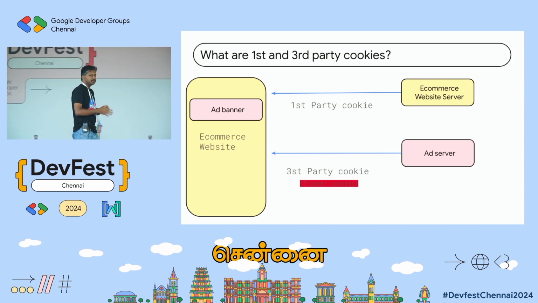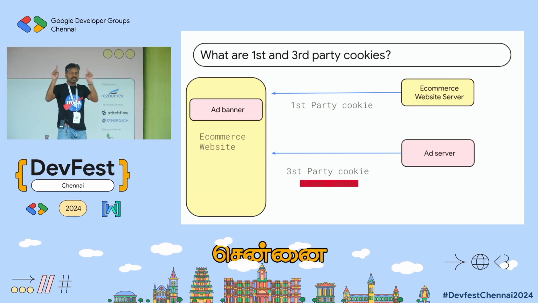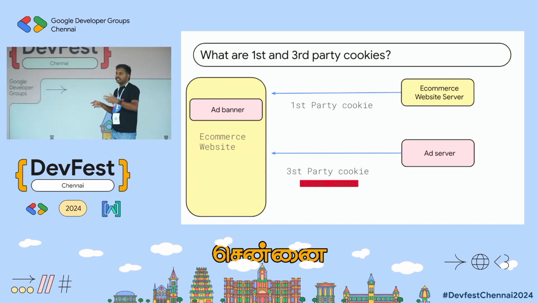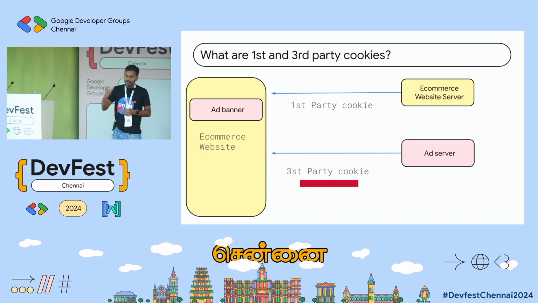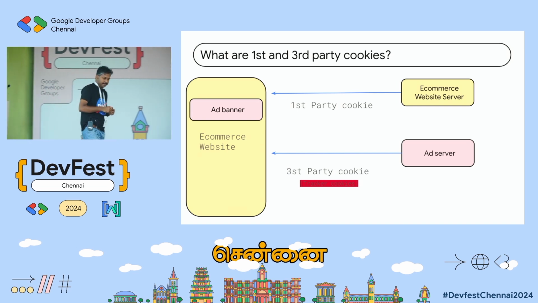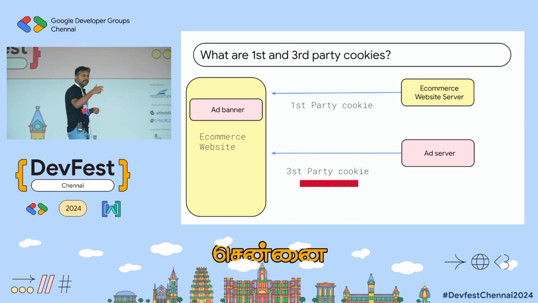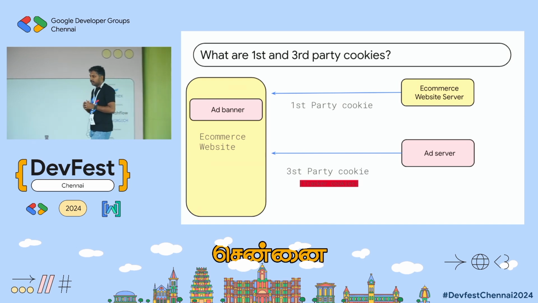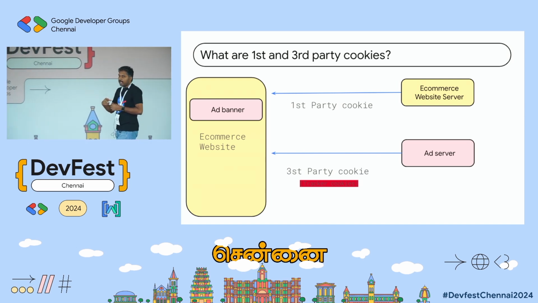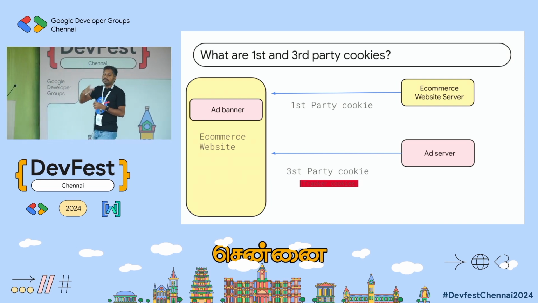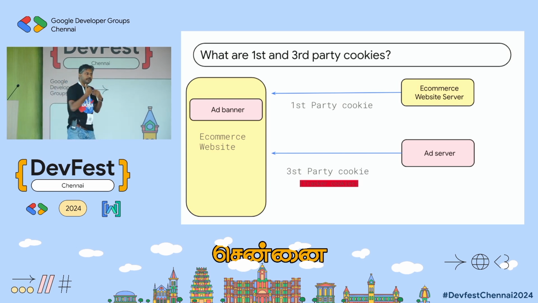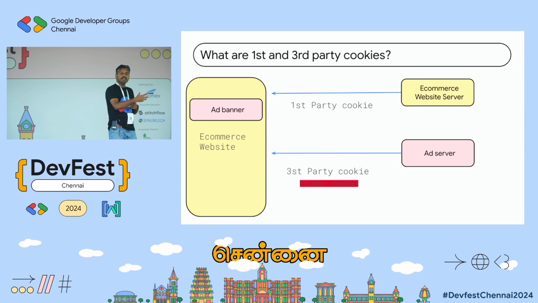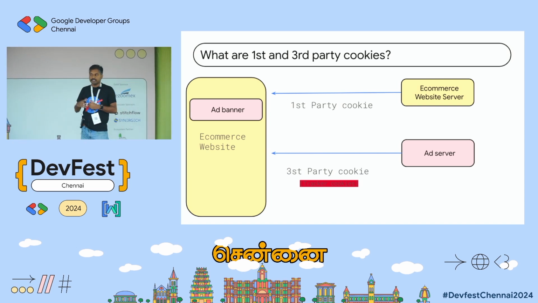On any website you go to, from Instagram to everything, you would see an ad banner, a space which shows you dynamic advertisements. Usually the ad banner is served from a different ad server. Let's say you visit Instagram, the ad might come from a different ad server and not from Instagram itself.